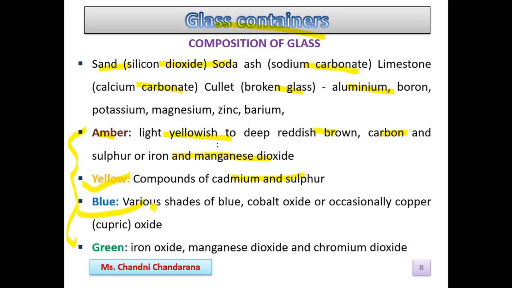Blue color has various shades of blue, cobalt oxide, or we can say copper oxide, or cupric oxides. Then green color means iron oxide, manganese dioxide and chromium dioxide. So this is the composition of glass, how the different colors of glass are made up.